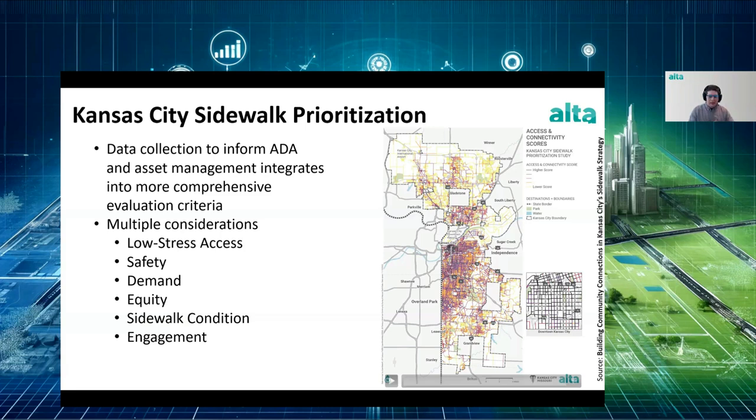To address that, we looked at incorporating sidewalk gap construction in their capital improvement program, and developed a tool that helped them identify where there are high priority gaps, adjust those goals, and do a very comprehensive prioritization to identify which sidewalks would provide more low stress access, which ones would address safety concerns, address high demand areas, and consider equity, sidewalk condition, and public engagement efforts as well.